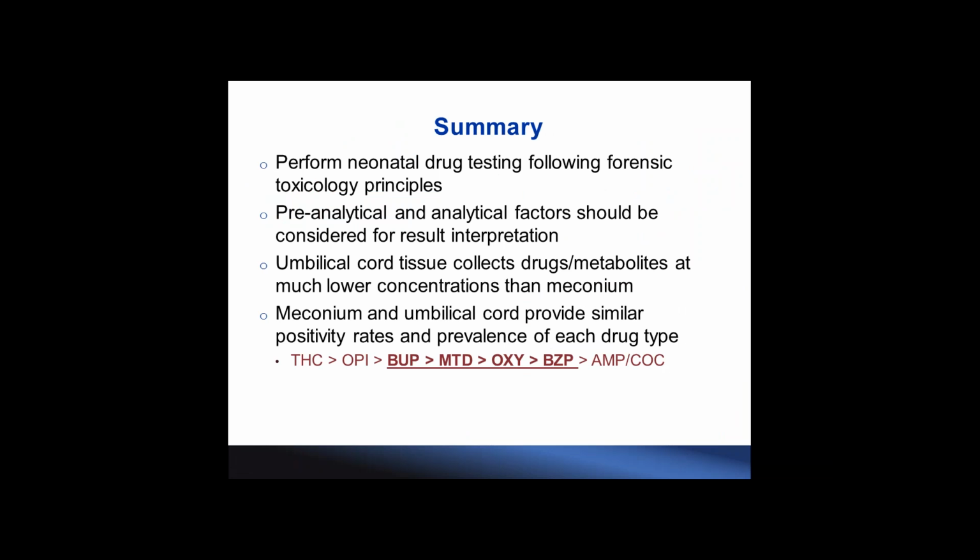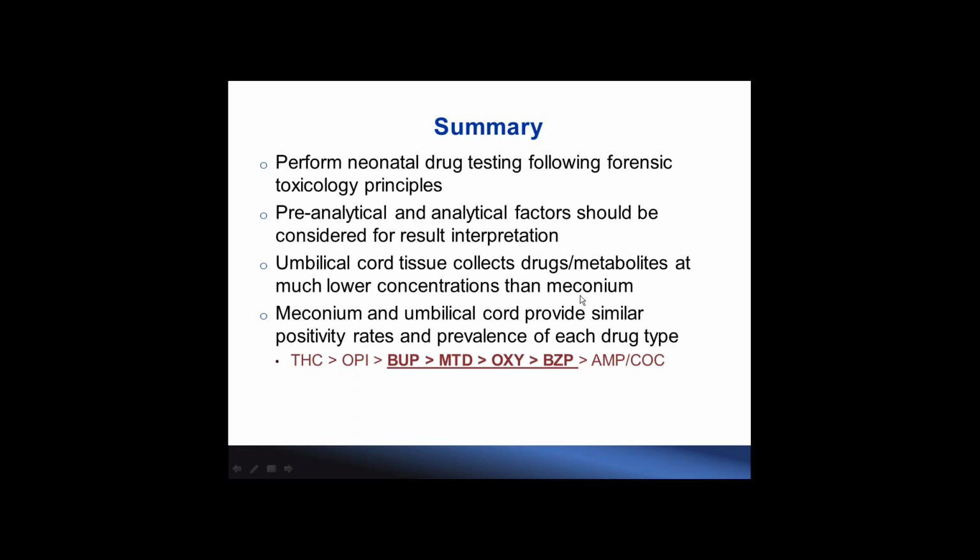So I hope I have made my point about the importance of following the forensic principles to approach neonatal drug testing. When we work up the case history, we need to consider several pre-analytical and analytical factors to interpret the results. And I have demonstrated that umbilical cord tissues collect drugs and metabolites at much lower concentrations than meconium.